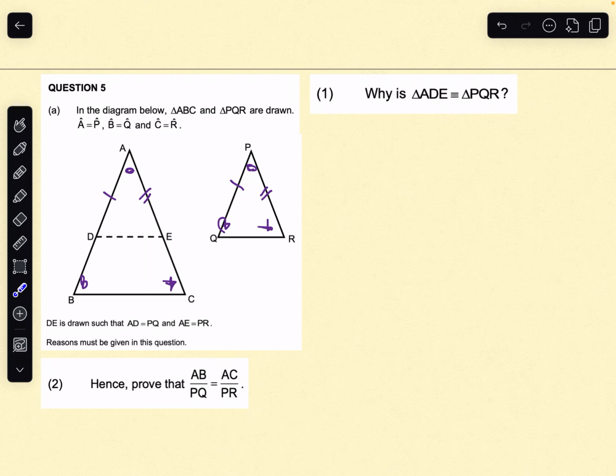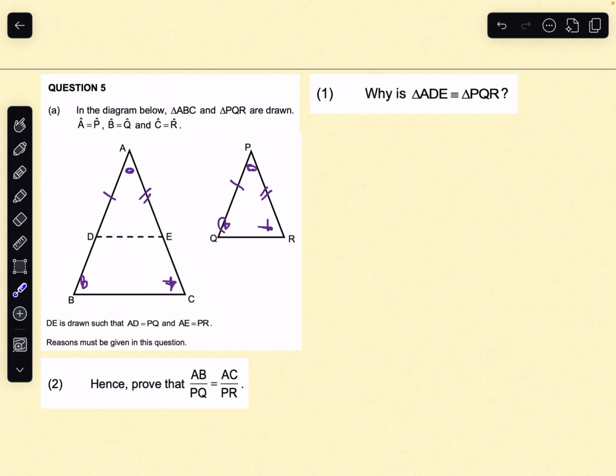So congruency of two triangles we prove using one of four options. SSS, i.e. side, side, side, so the corresponding sides are all equal to each other. SAS, side, angle, included side.